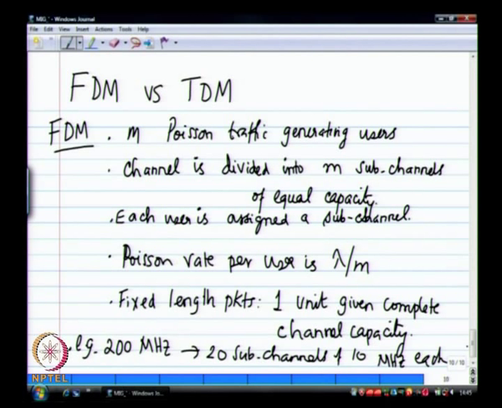That's our example. So this is lambda by m packets per unit time.